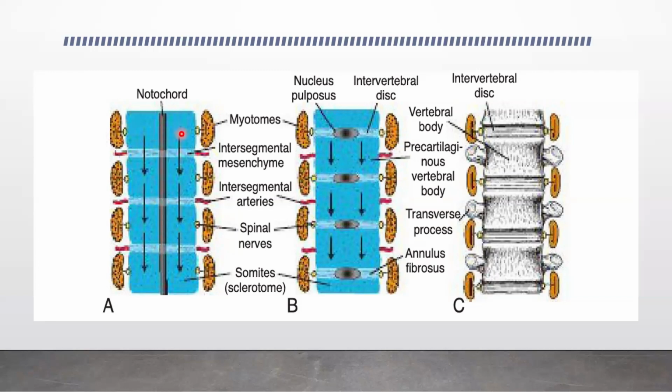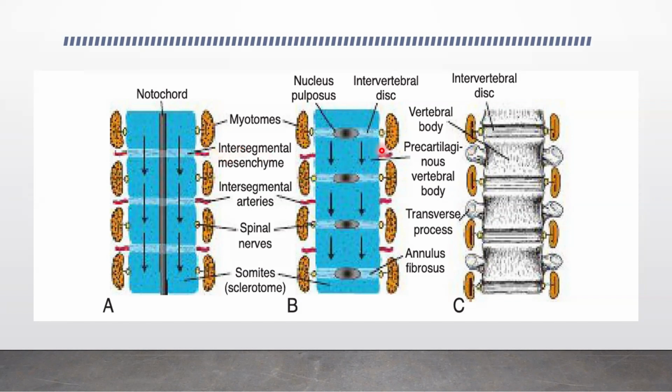This is a somite, this is a somite. What will happen to each somite is that it will divide into a cranial portion and a caudal portion. You can appreciate this is a caudal portion, this is a cranial portion, and this is the caudal portion.